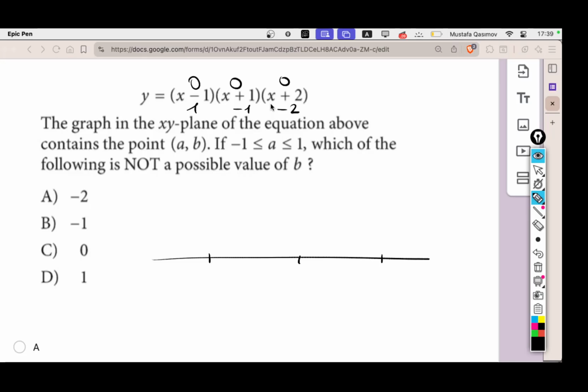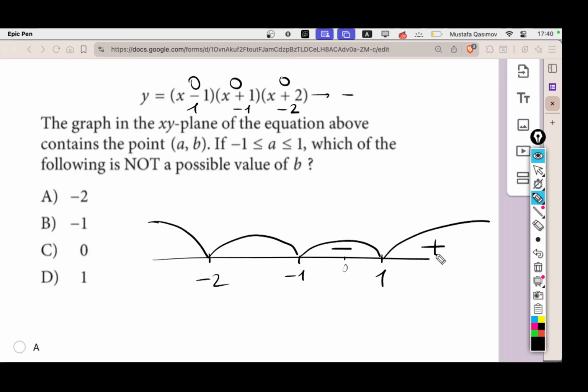Right here, -2, -1, 1. Okay, then let's take any value from here. Let's say -10, or let's take 0. When you put 0, it will be negative, positive, positive, so it is negative, right? So you have to write it like that: negative, plus, plus, and negative.